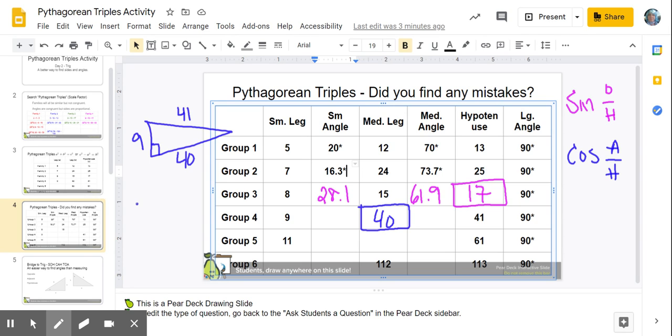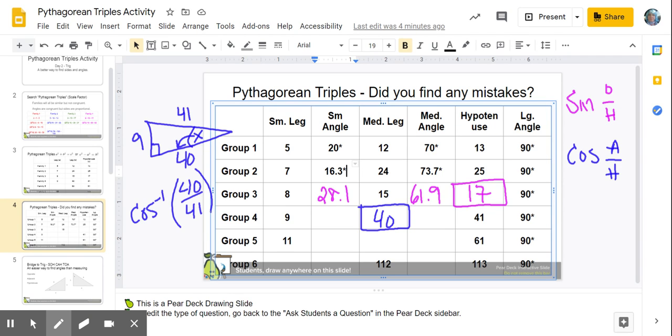So what do I put into my formula here? Inverse, because I'm looking for an angle. 9 over 41? So this one is the adjacent if I'm using X. So 40 over 41?